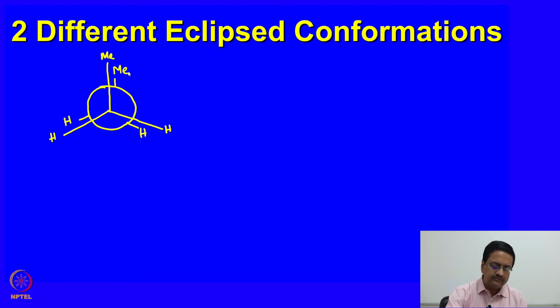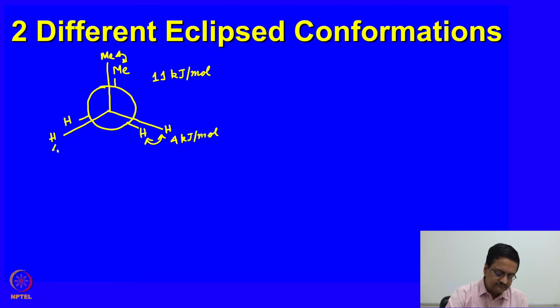So here in this case, when two methyl groups are eclipsed, the strain that is associated with those two methyl groups is 11 kilojoules per mole, and then the energy associated with those are as usual 4 kilojoules per mole each. So therefore, the total energy associated with these three interactions is 19 kilojoules per mole.